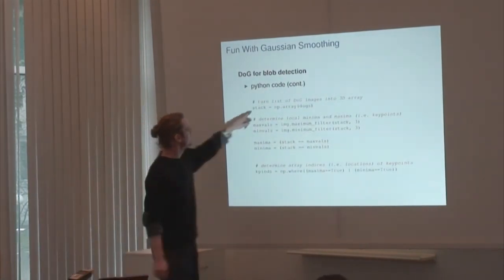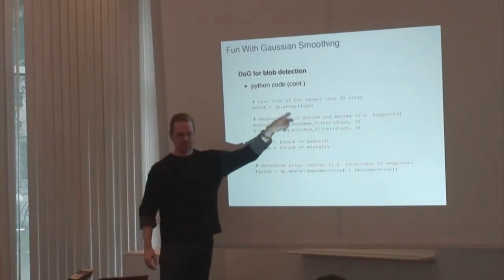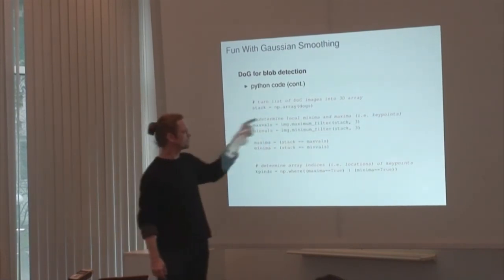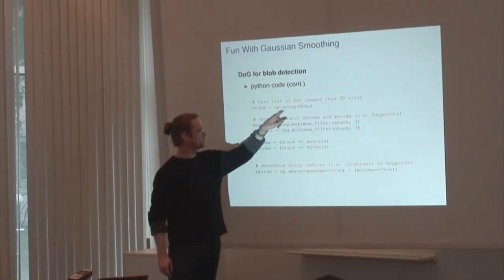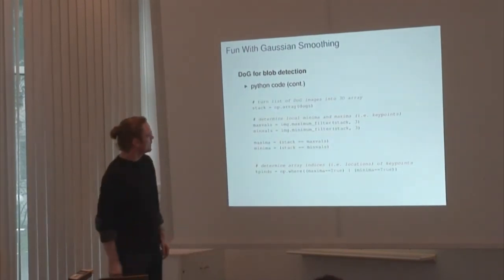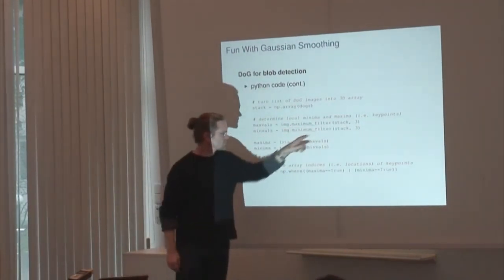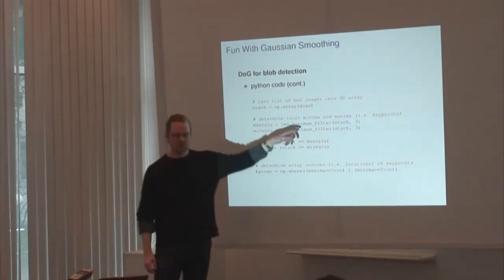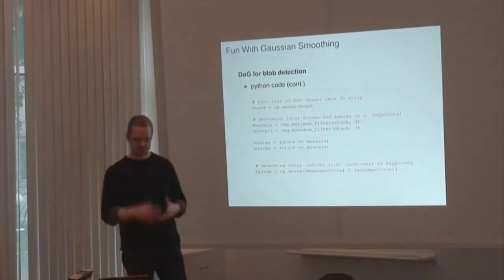And these I turn into a 3-dimensional NumPy array. Can be done, this is no problem. This is a list, and this np.array applied to lists creates an array. And then there are interesting operations, maximum and minimum filter, I can apply to this stack.